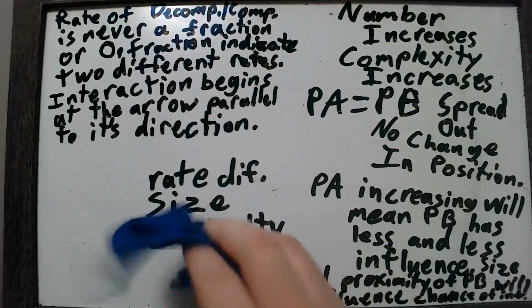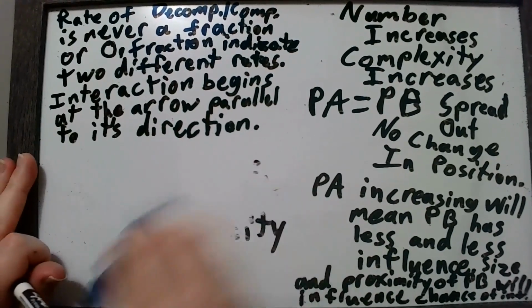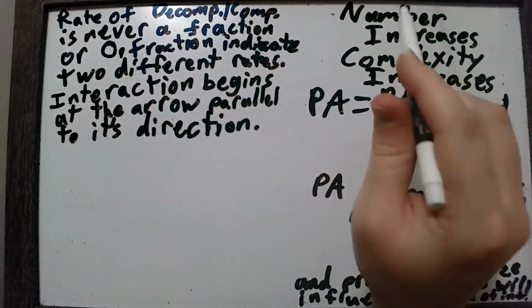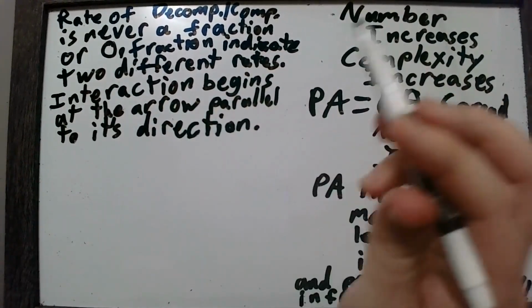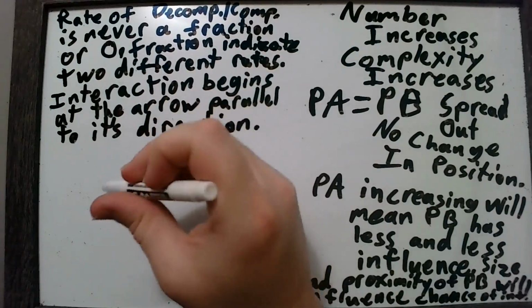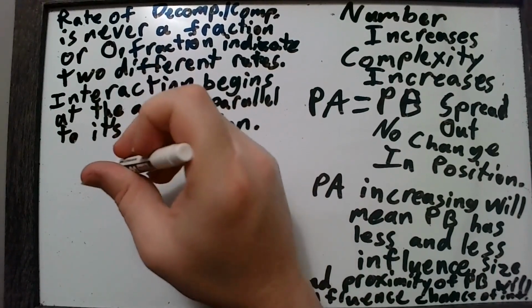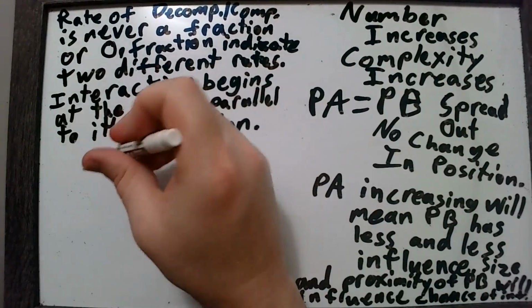Okay? Now, the next thing to know is that the rate of decompression and compression is never a fraction or zero. What that means is that we are always going to go in steps. So it's always going to be 1 or greater.